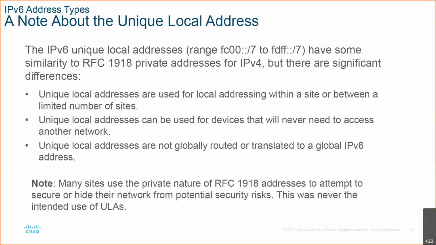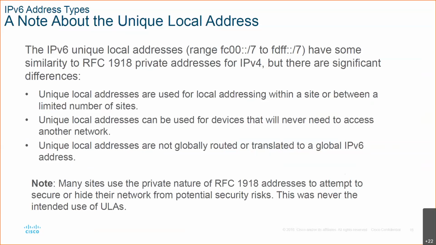Within a certain network of a certain site, if you want enhanced security, then you use this. This will also give you that security, and it is not globally routable, so a network from outside cannot access it.